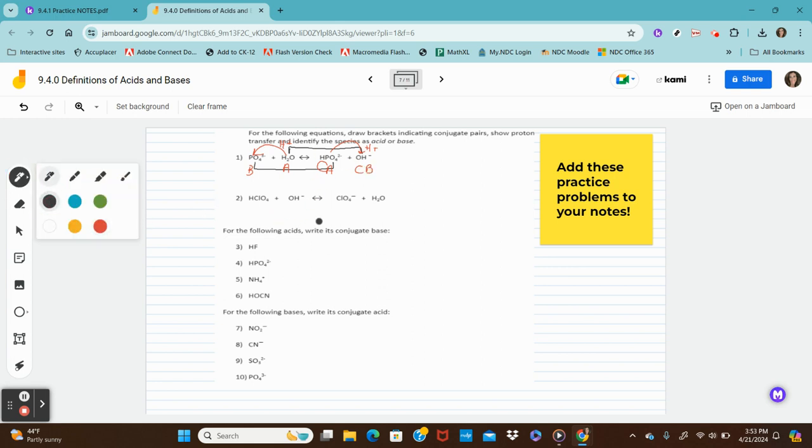Let's do the other one. So go ahead and bracket the conjugates, and then let's look at what's happening here. This to here, it lost a proton. So if it lost a proton from left to right, it must be donating its proton to the other species. So this is the acid, this is the base.